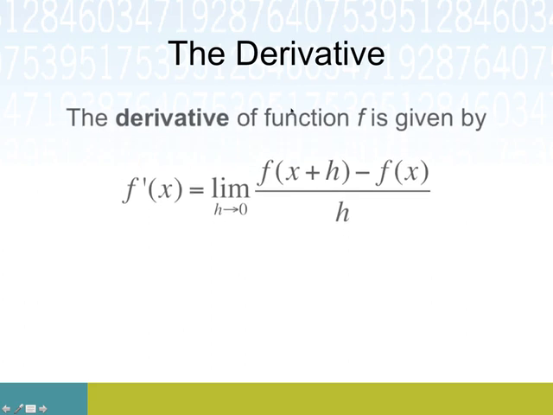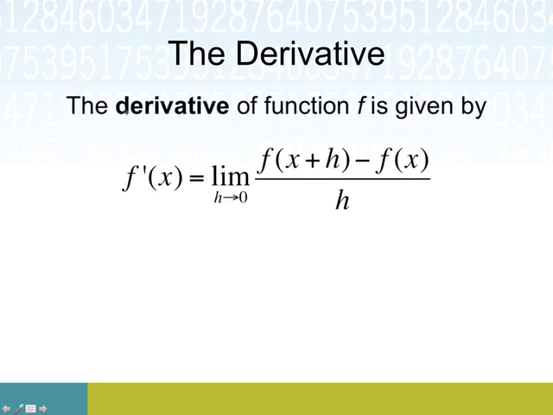So the derivative is actually really the primary tool we're going to be using this term. We'll study it first just for its nature, and then we'll apply it in a few contexts where it makes itself pretty useful.